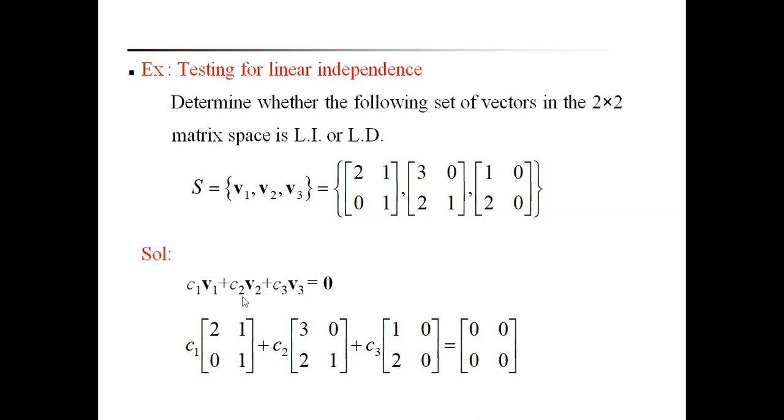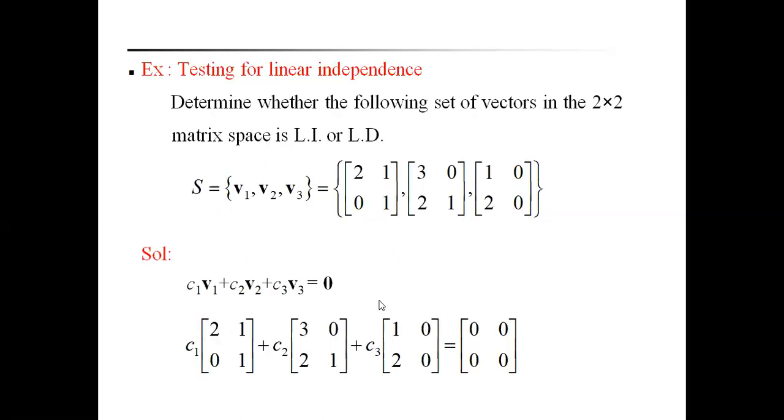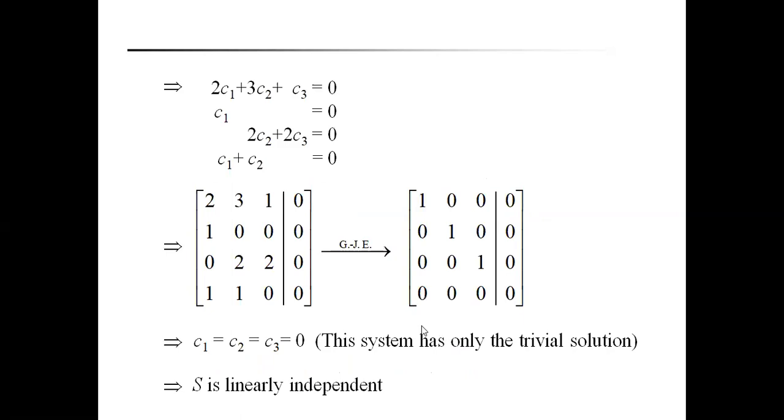Here V1, V2, V3 are matrices, therefore the zero vector is also taken in the form of the matrix 0, 0, 0, 0. So we multiply these matrices with the constants, add these three, and compare to the 0 matrix.